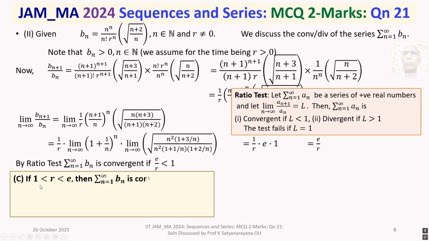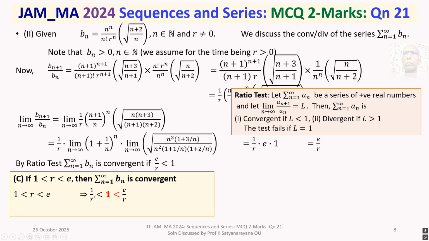If 1 less than r less than e, then sigma Bn is convergent. 1 less than r less than e. So here he has already given r greater than 1, so we do not lose any generality by assuming here for the time being r greater than 0.